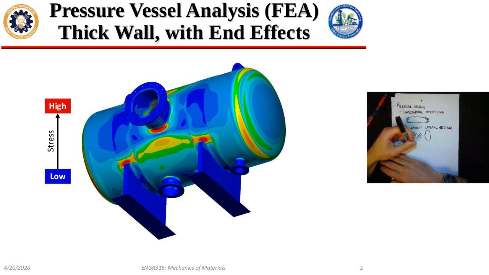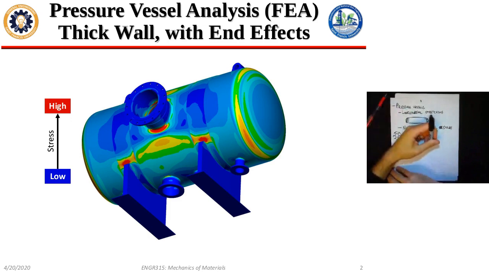It's kind of like, because I get fat, I suddenly have to buy larger pants, right? Because I've grown in circumference, right? So a change in radius is a change in circumference.